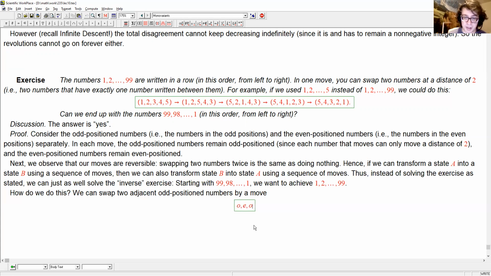So here are the numbers just in a symbolic way: odd position, even position, odd position, even position. And when I say two adjacent odd position numbers, of course, I mean two odd position numbers which are at a distance of 2. So they don't have any other odd position numbers between them. Of course, they will have an even positioned one between them. And when you see two adjacent odd position numbers, you can swap them because they're at a distance of 2, so a move lets you just swap them.